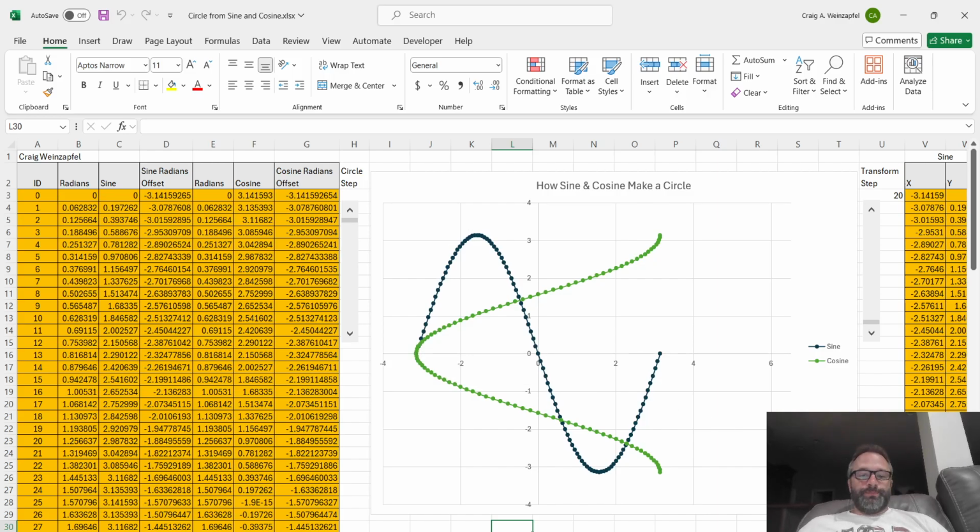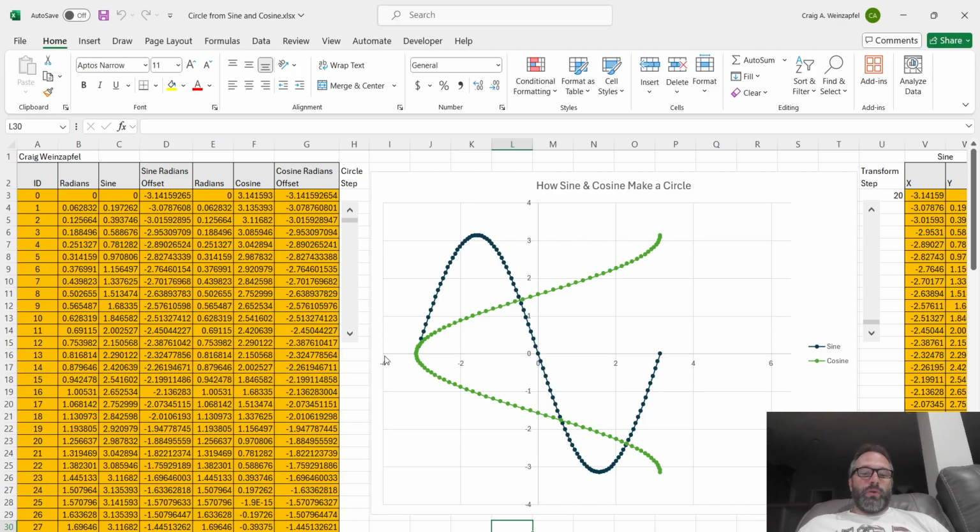So what we can do now is, for our cosine wave, since it's going to handle the x-axis values of our circle, I'm going to plot a vertical line at the point that we step through on our cosine wave at each one of those, and it will go all the way up and down on my chart.